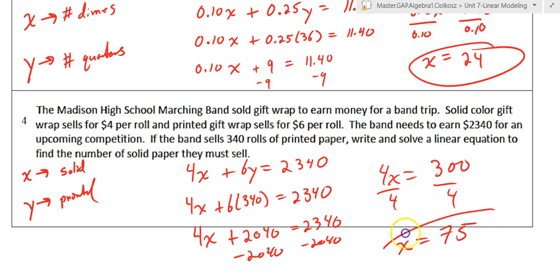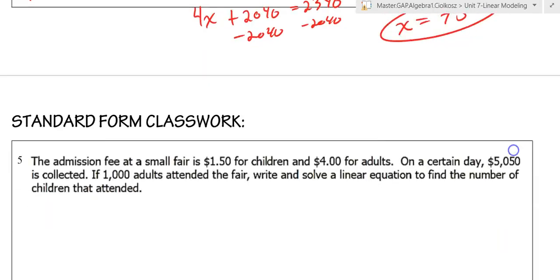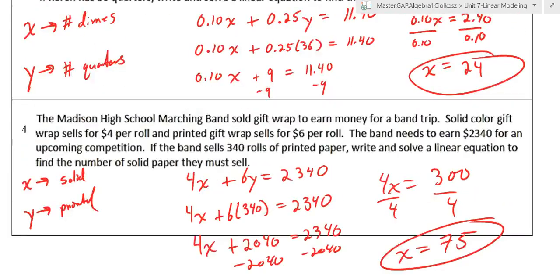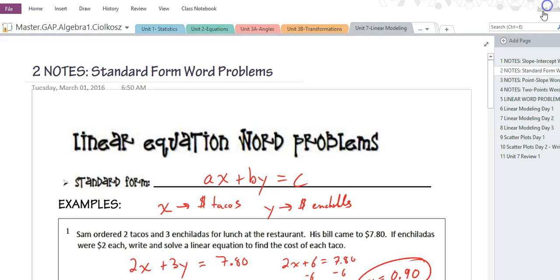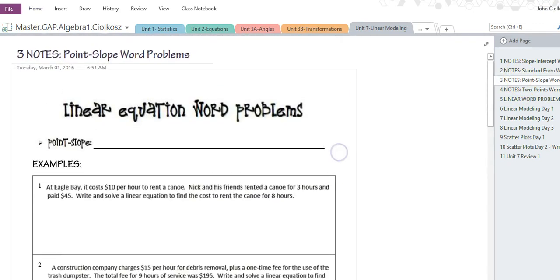So it looks like we got 75 rolls of that solid color. For your practice, go ahead and complete the rest of the problems on this page. Once you've done that, we're going to move on to 3 for some more notes.